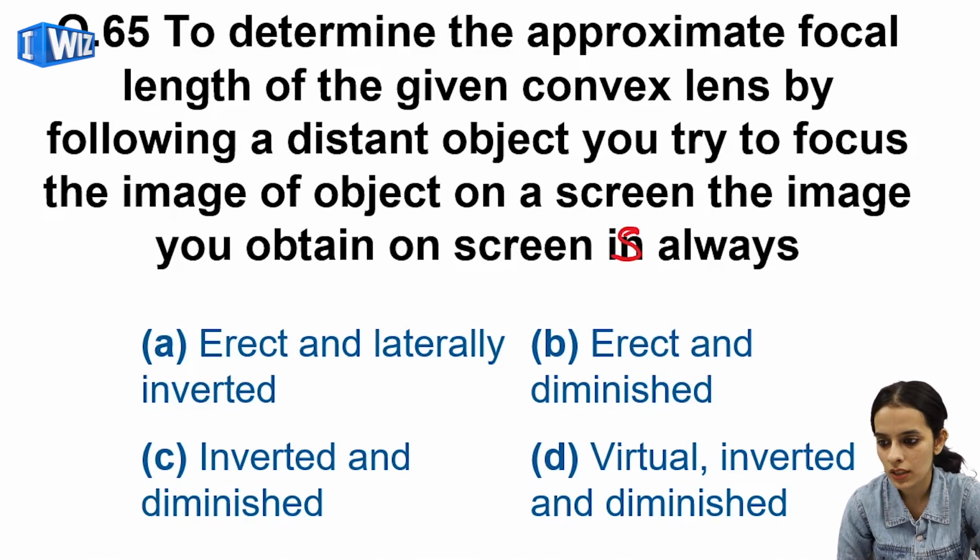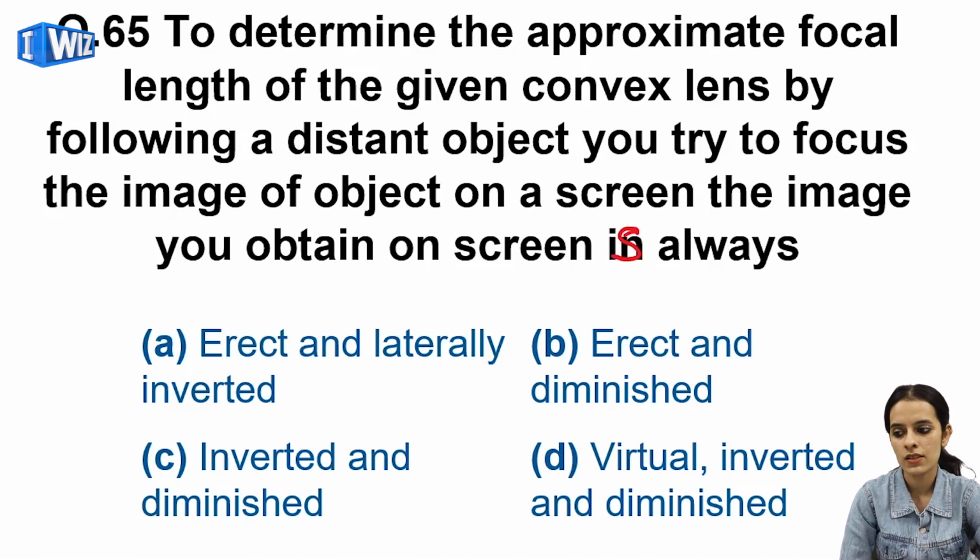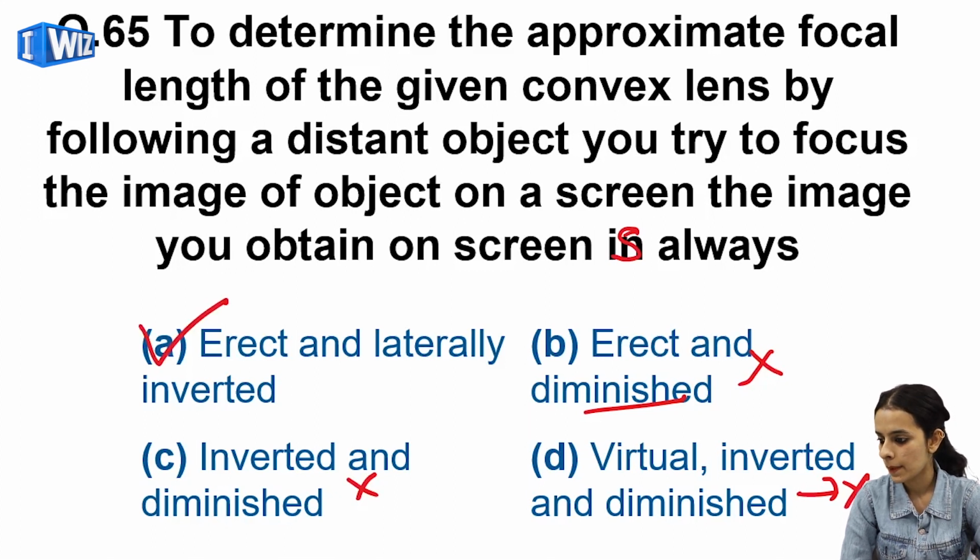First of all, you are using a convex lens over here. So you know that a convex lens will always form which type? Diminished is only in case of concave lens. So which option is right? Yes, diminished. Just remove this option from here. Diminished, remove it, because a concave lens will form a diminished image. So the right option is A.